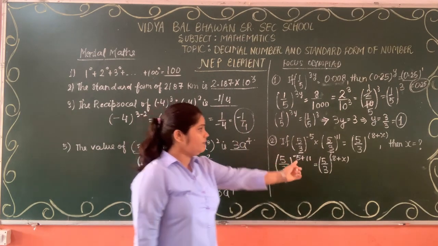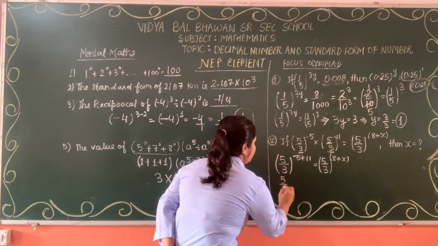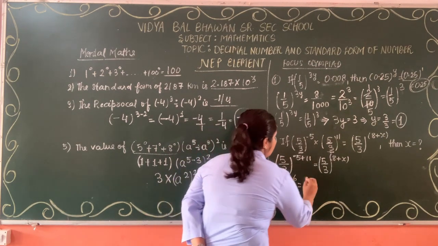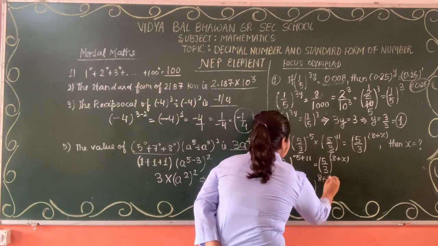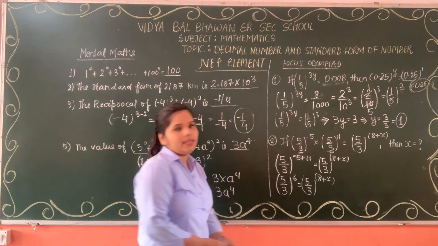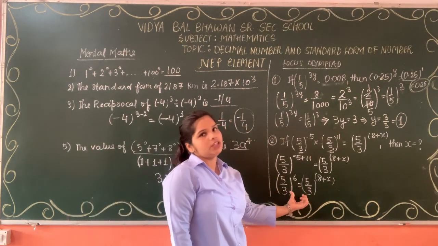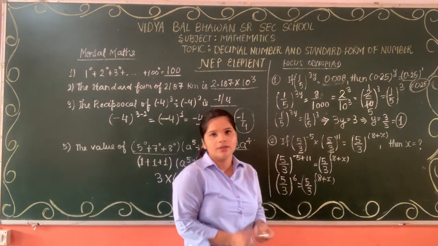So when you solve it, minus 5 plus 6 is... so it will be 5 upon 3 raised to the power 6 equal to 5 upon 3 raised to the power 8 plus x. Bases are same, and when bases are same, these exponential numbers can only be equal when their powers are same.